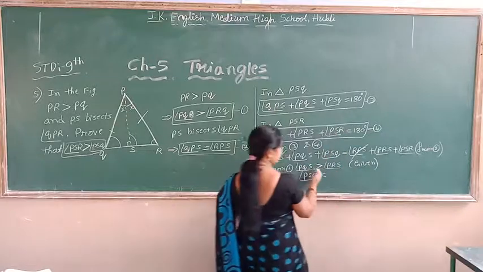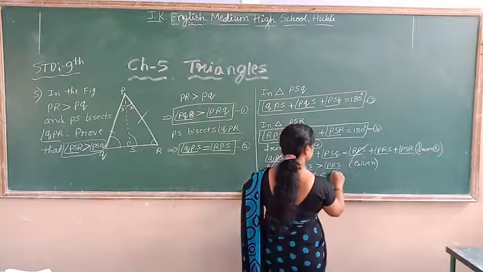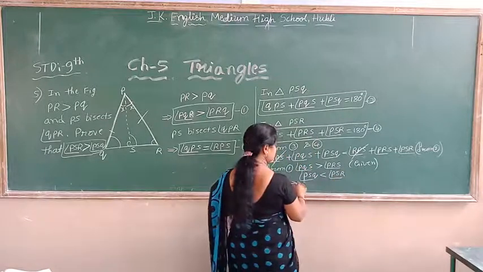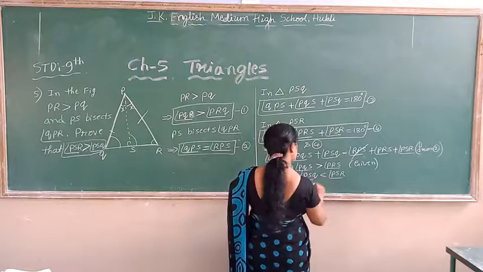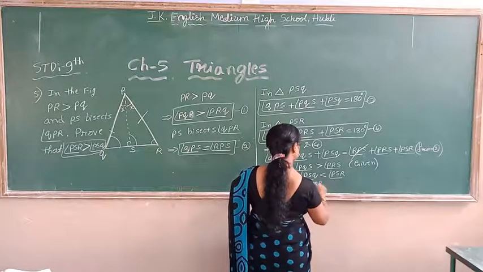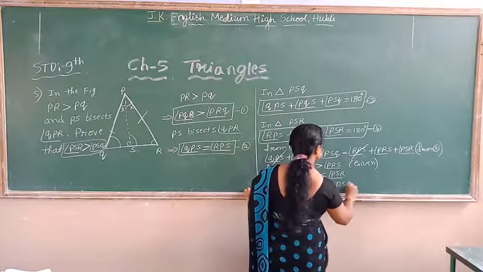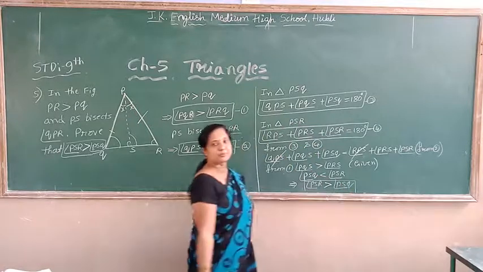Therefore the remaining PSQ is less than PSR. This is what they told us to prove, that angle PSR is greater than angle PSQ, children. So whatever they asked, we proved, children.